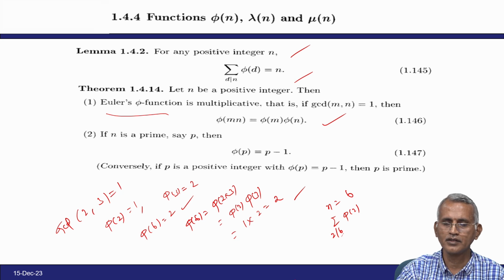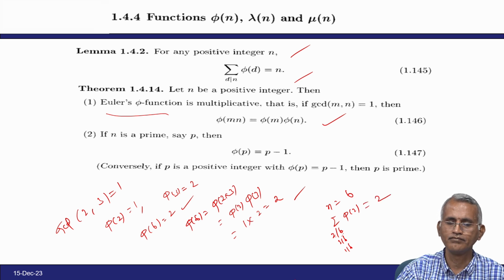What are all the divisors of 6? One is 2 divides 6, another is 3 divides 6, and 1 divides 6 and 6 divides 6. These are all the things, and totally the sum comes to 6.